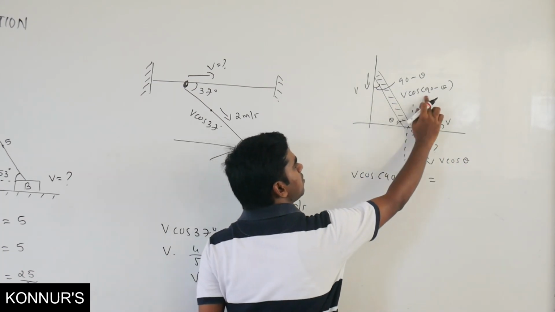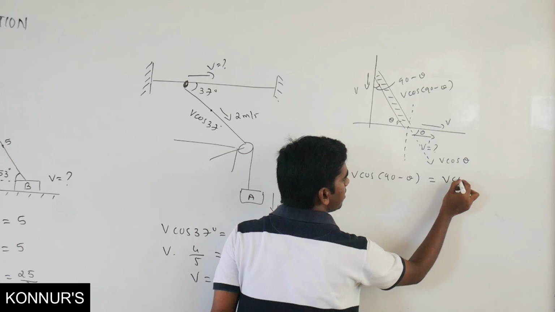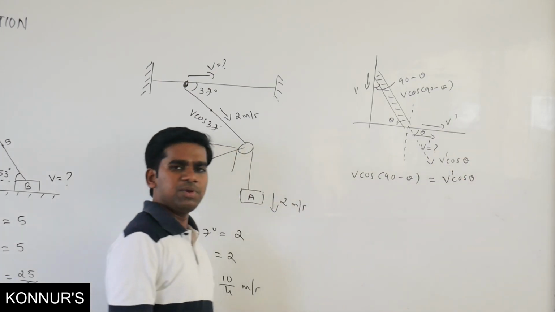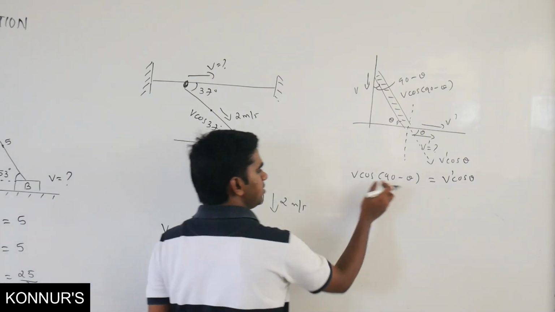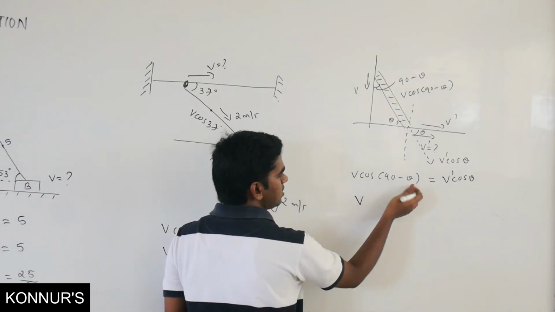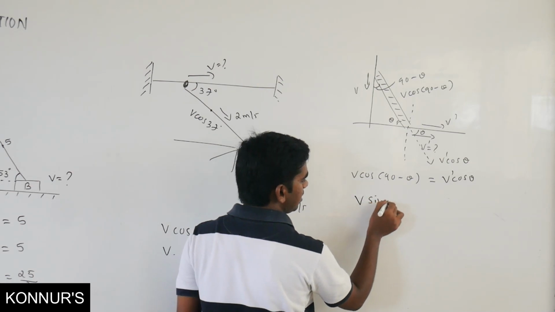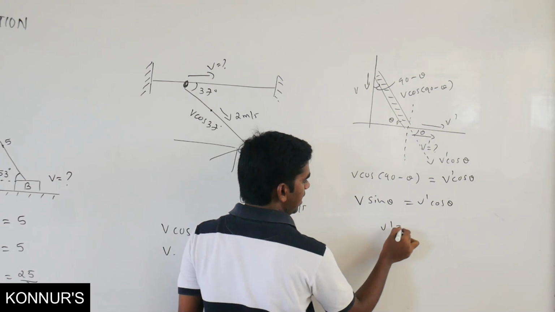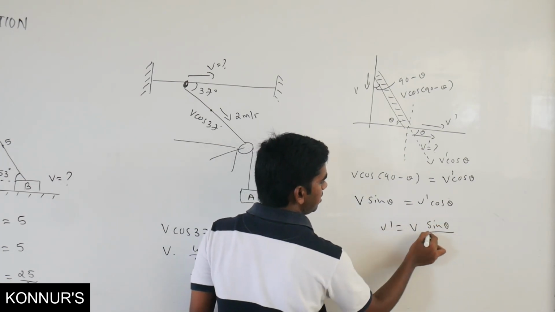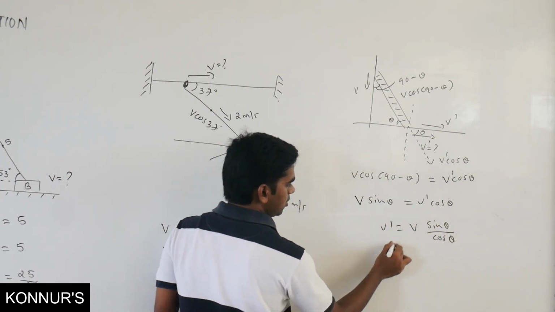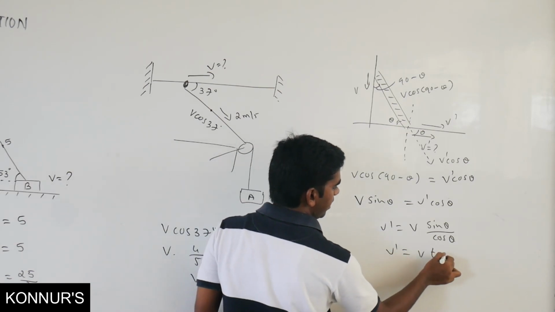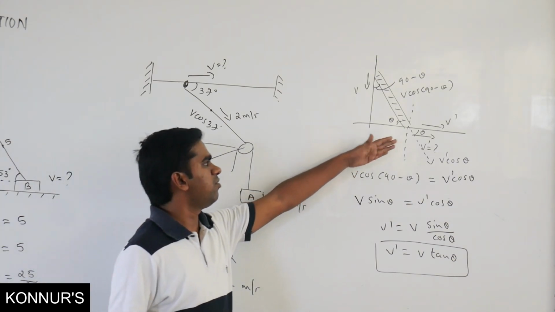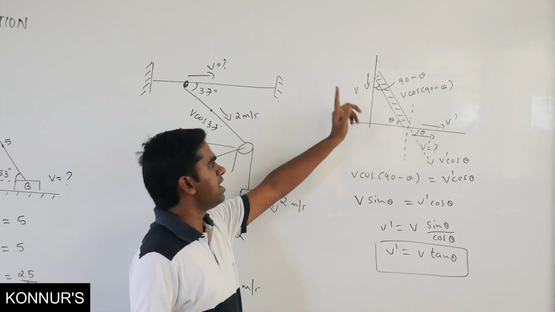Again in this direction, V cos (90 minus theta) is there. So we can equate. What we want to calculate is V dash. V cos (90 minus theta) is V sin theta, equal to V dash cos theta. So V dash is V sin theta divided by cos theta, so V dash equals V tan theta. This is how we can calculate the velocity of another end if the velocity of one end is given.